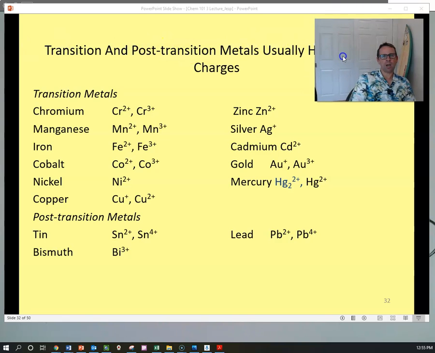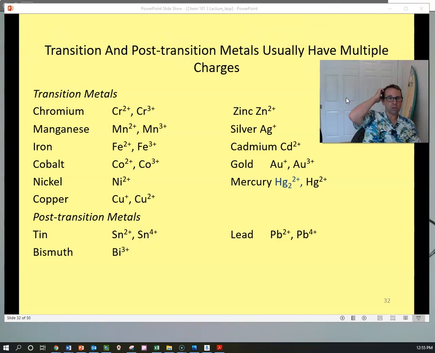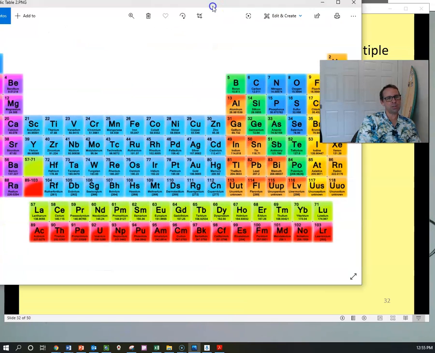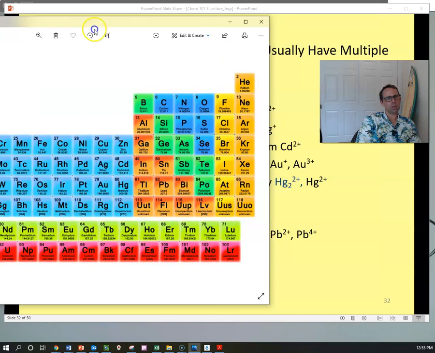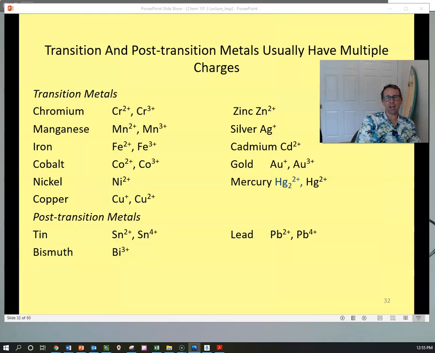And we won't have a conversation about how we can predict that charge for quite a while. So when we see elements within the transition metals, anything in this blue or this inner transition metal group, in ionic compounds, we have to recognize that those elements might have various charge states.